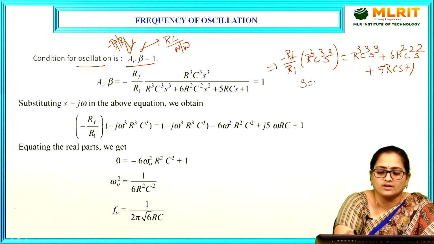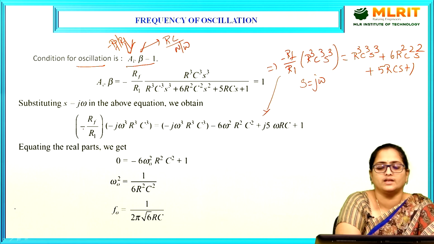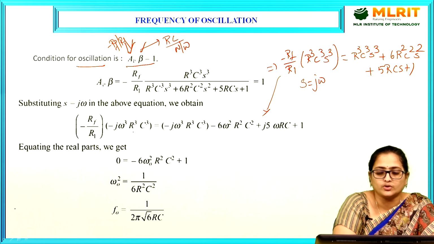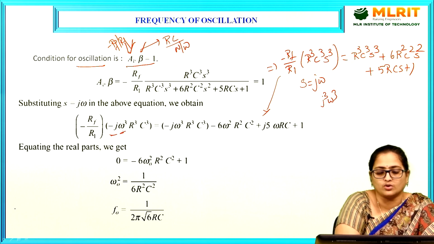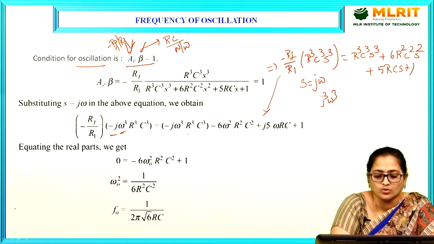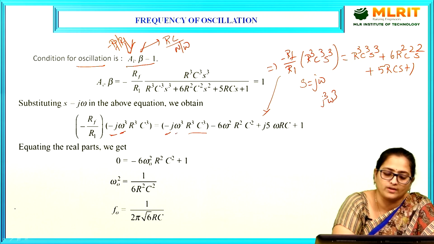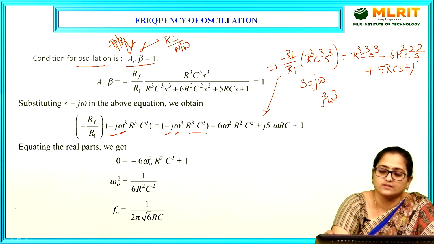By substituting S is equal to J omega, this equation can be given as minus RF by R1 into R cube C cube J omega whole cube, where J cube is given as minus J, equal to R cube C cube J omega whole cube, J cube is given as minus J omega cube, minus 6 R square C square, J square is minus 1 and omega square, substitute the minus 1 over here.